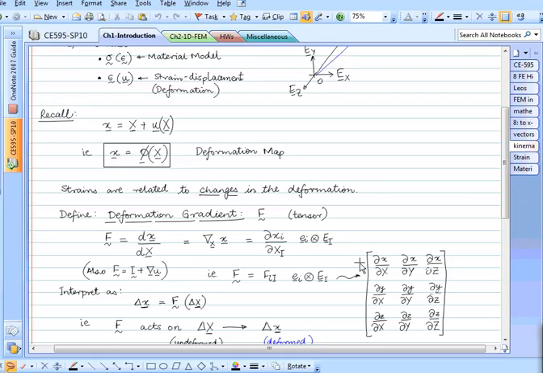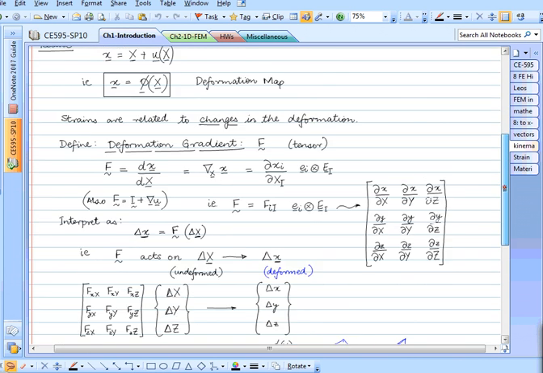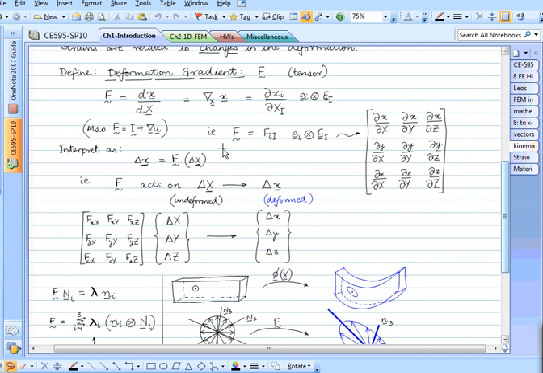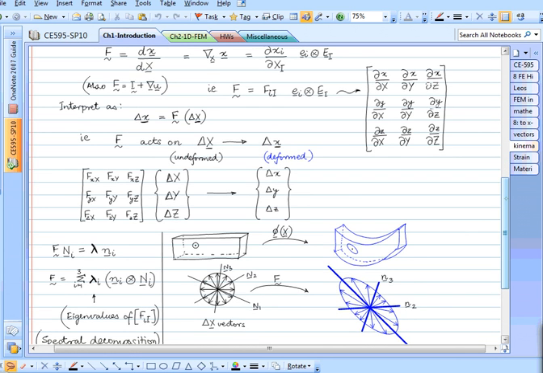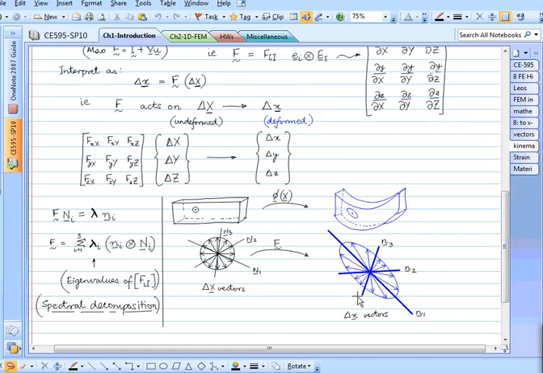You can interpret this as something that, again, being a tensor, takes a vector to another vector. Take any vector in my undeformed configuration. Go to a point and draw a very small infinitesimal sphere around it. If you mark all these small dx vectors, then F acts upon them and produces an ellipsoid. This is very important.